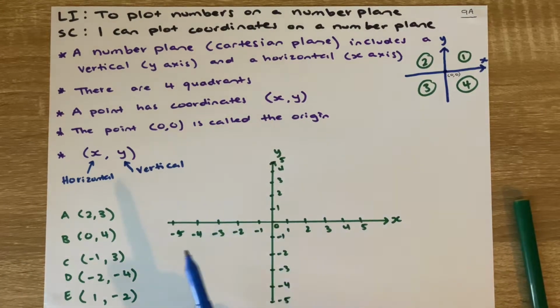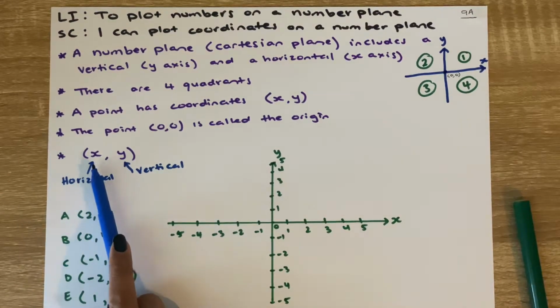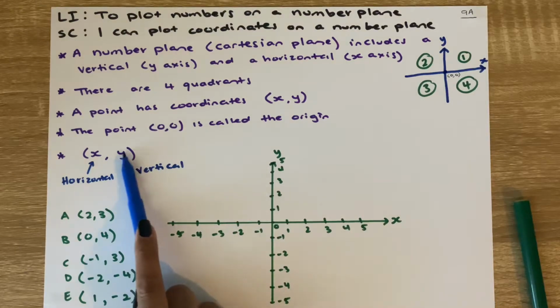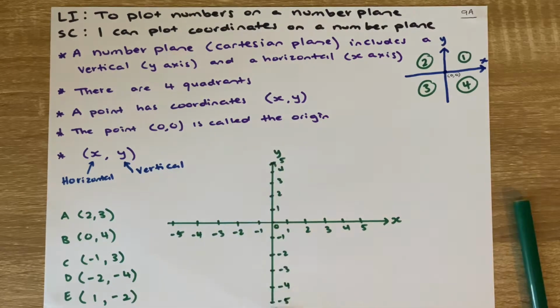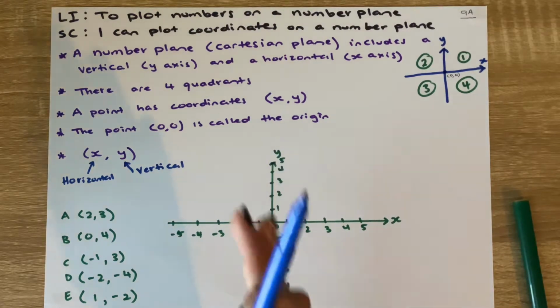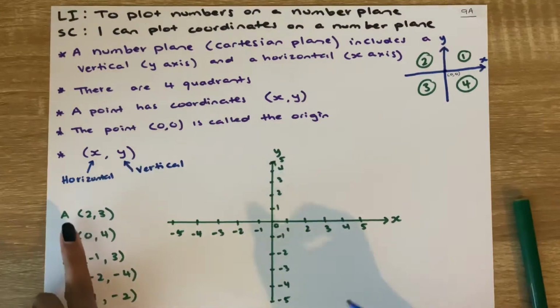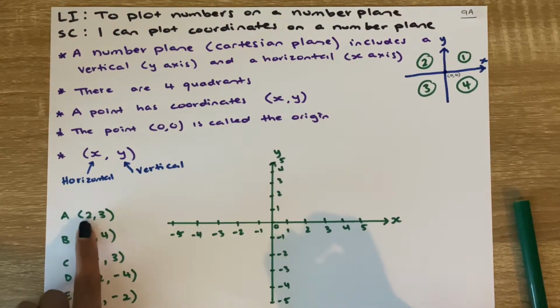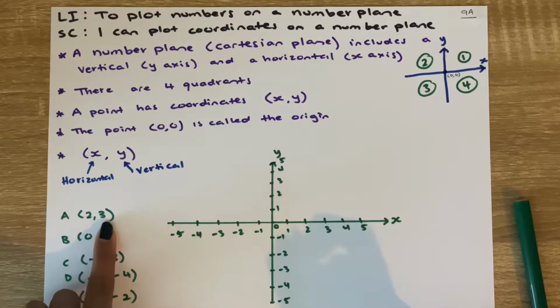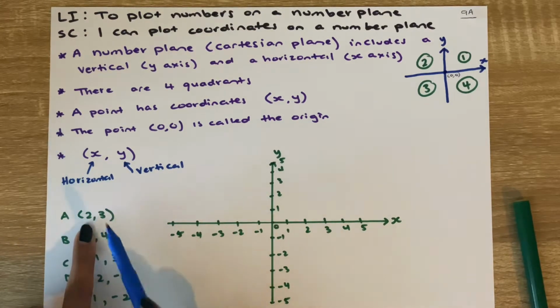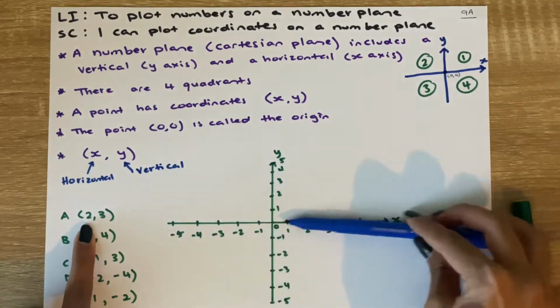All right, so now on to plotting our numbers. So remember, our x value, which is the first one, represents our horizontal, and our y value, our vertical, represents our vertical axis, okay? So our second value. So if we look over here, point A is located at a coordinate of 2, 3. So what we're going to do is we're going to take our first value, which is a 2, and our first value is going to be where it sits horizontally.